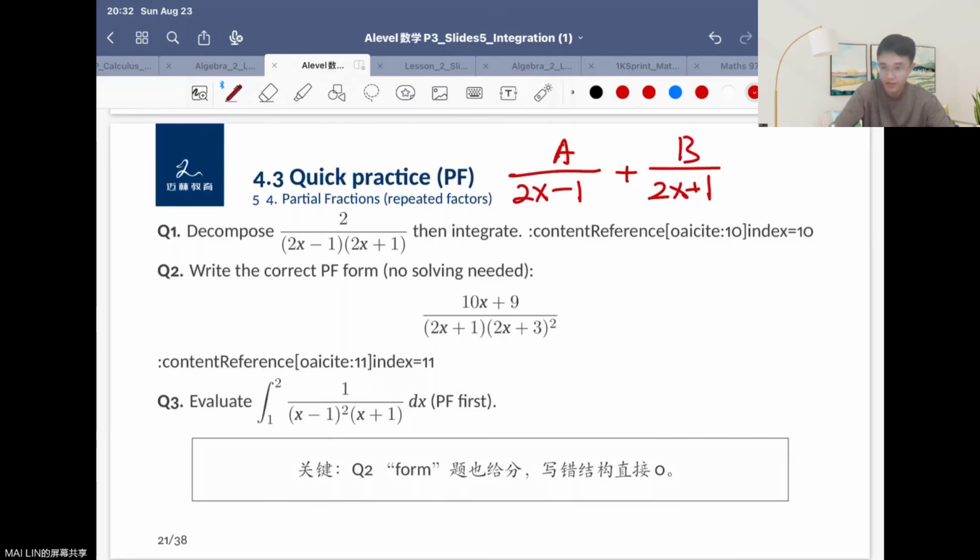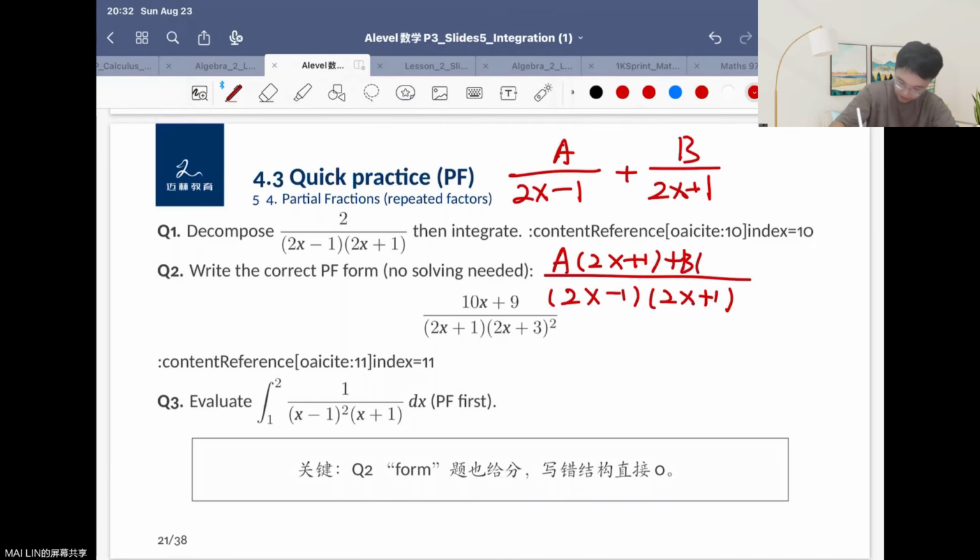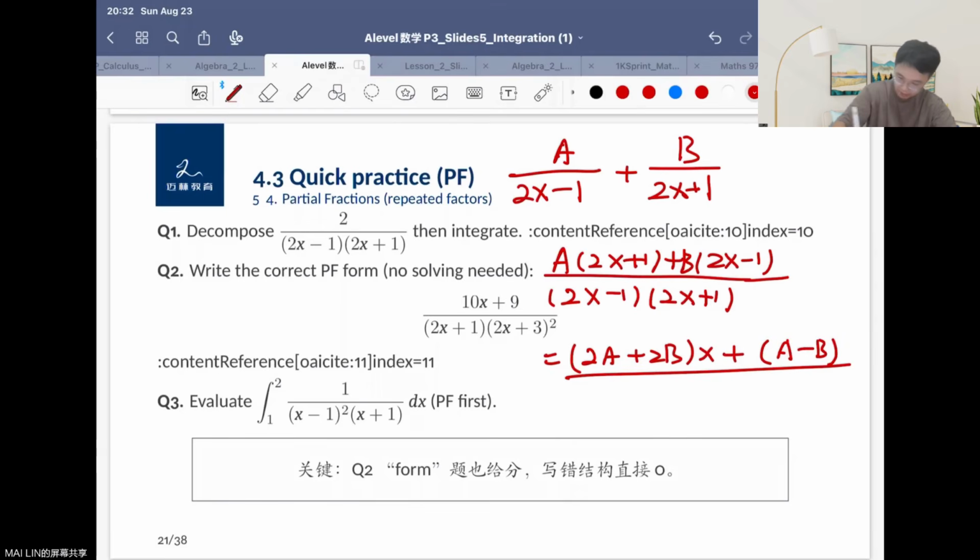Then multiply through by 2x minus 1 times 2x plus 1, which gives A times (2x plus 1) plus B times (2x minus 1). Simplifying a little, that is (2A plus 2B)x plus (A minus B), divided by (2x minus 1)(2x plus 1).